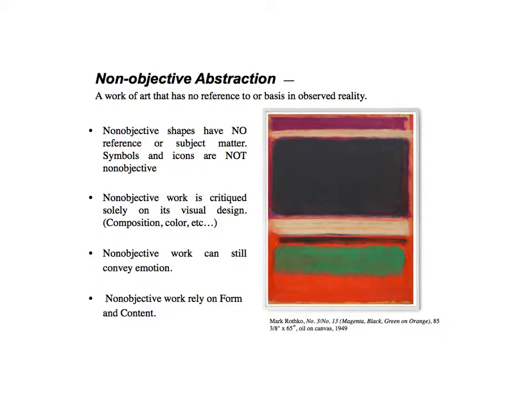For example, in this Mark Rothko piece, he often talked about how his works were meant to represent emotion or conflict. Very famously, his last work symbolized his fear and death, where he oftentimes used black to symbolize the void of the unknown. Non-objective work also heavily relies on form, meaning looking at how those colors and shapes interact.